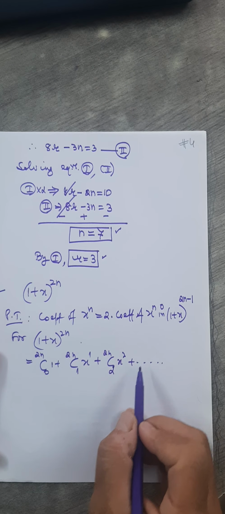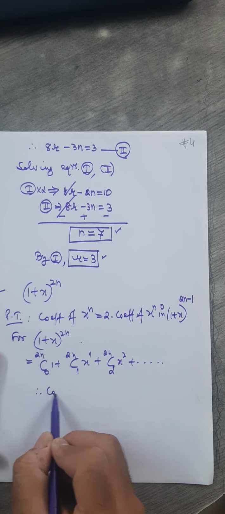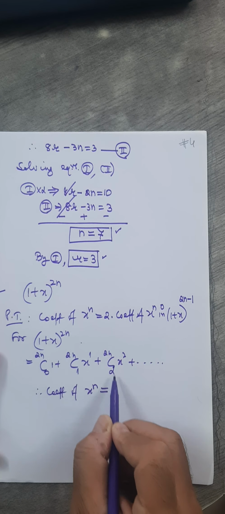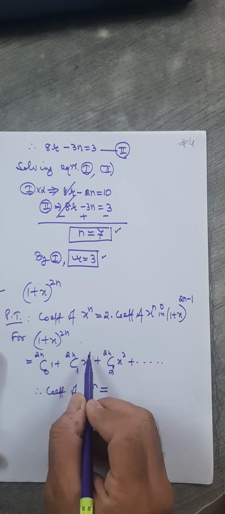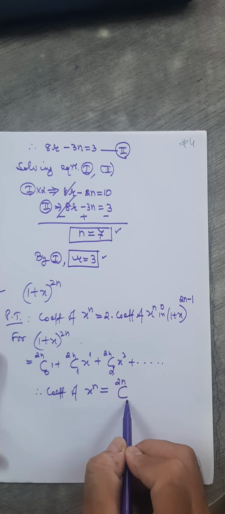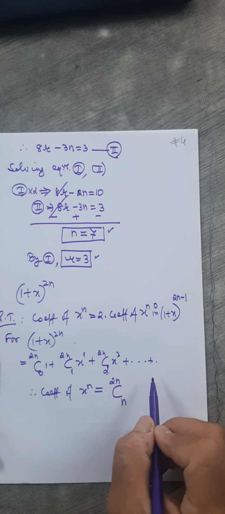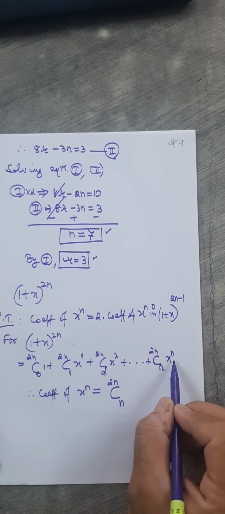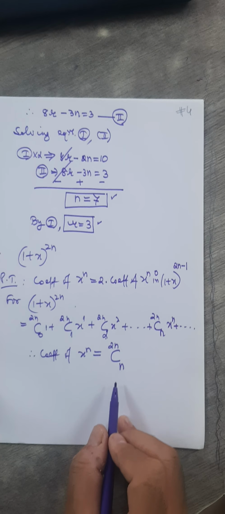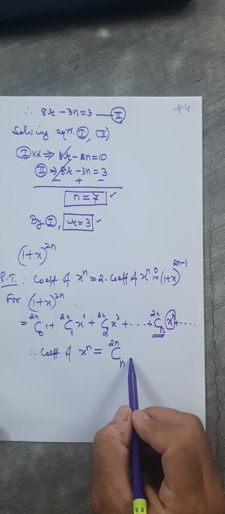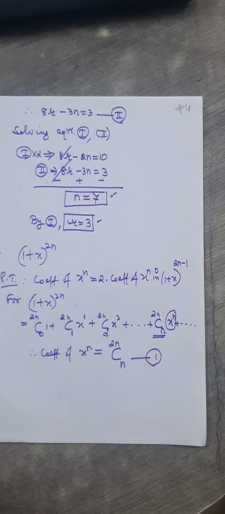So immediately you can say from this, the coefficient of x raised to n is obviously 2n cn. You can write dot dot if you want, 2n cn into x raised to n, and so on. It will continue, remember. So the coefficient of x raised to n is this much, 2n cn. Call this as 1.